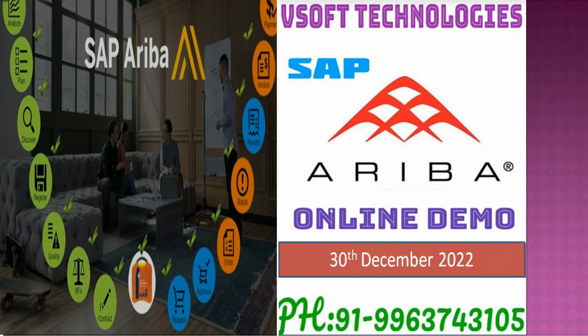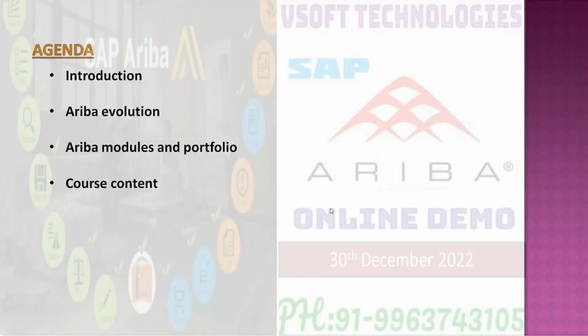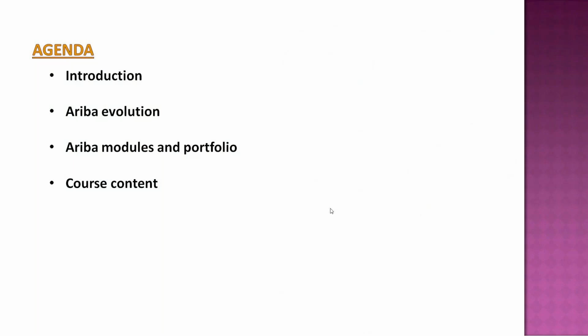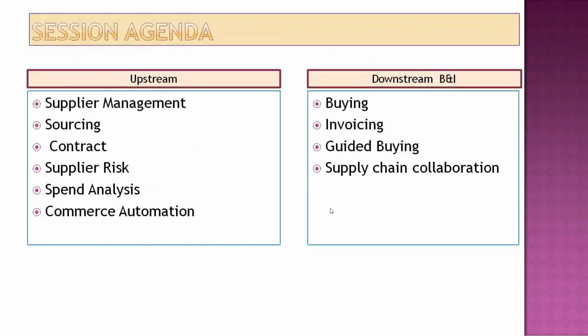So as you know, this is the agenda we will be talking about: the introduction, what Ariba is, then the evaluation, what modules we will cover, and the course content. Ariba is a completely cloud-based application, divided into two parts: upstream solution and downstream solution.